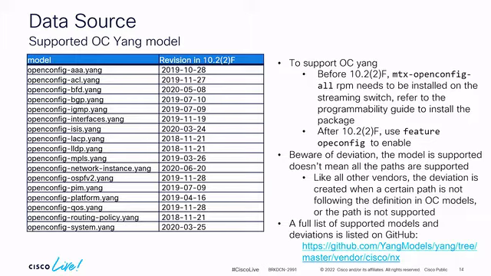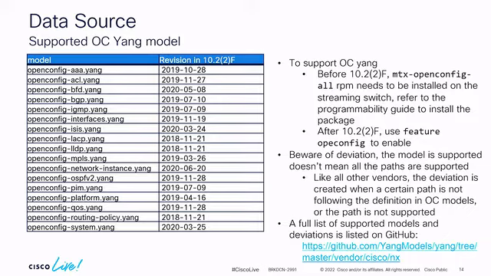The vendor can claim, okay, we both support BGP, we both support LACP or LLDP, but it doesn't mean that they support every single leaf or every single container in the model. That means they will create a deviation. So be aware of that. You definitely need to look at what deviations the vendor created and see if there's too much difference between the two vendors.